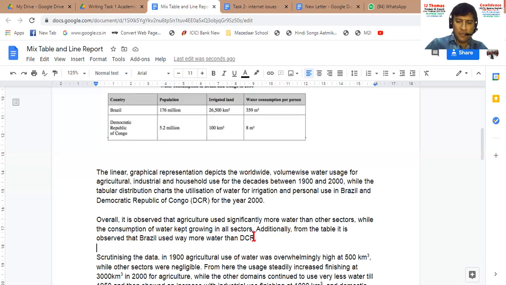We can use the Democratic Republic of Congo, if there is no standard, so we can make our own abbreviation. What's the mistake I did here? It should be DRC.